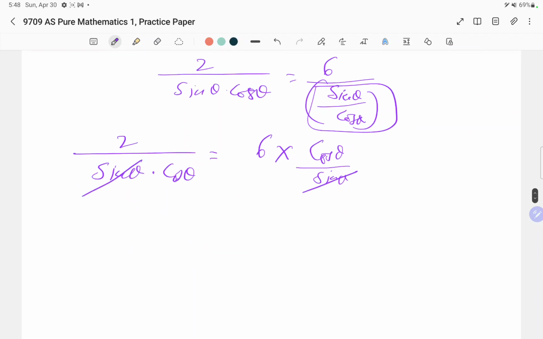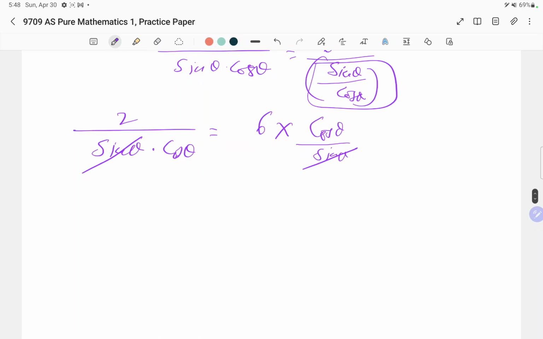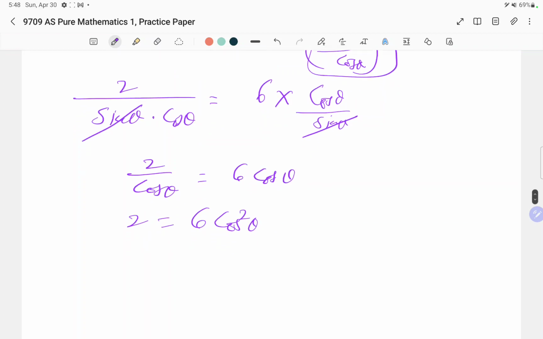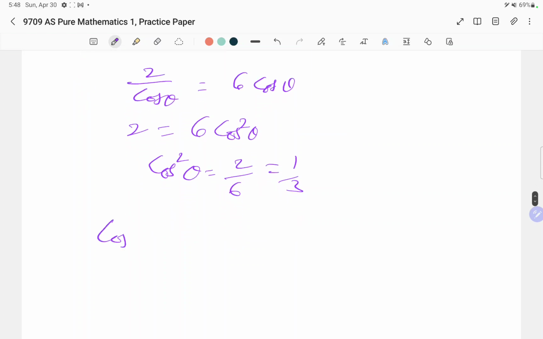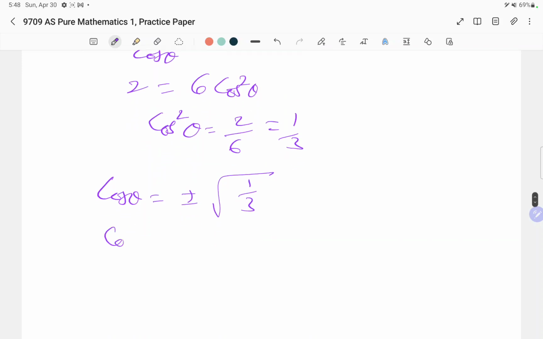Now this sin and this sin you can cancel, so 2 over cos theta is 6 cos theta, so 2 equals 6 cos square theta. Cos square theta is 2 over 6, dividing by 6, which is 1 over 3. Now cos theta is plus or minus root of 1 over 3. So cos theta is plus 1 over root 3, and cos theta is minus 1 over root 3.